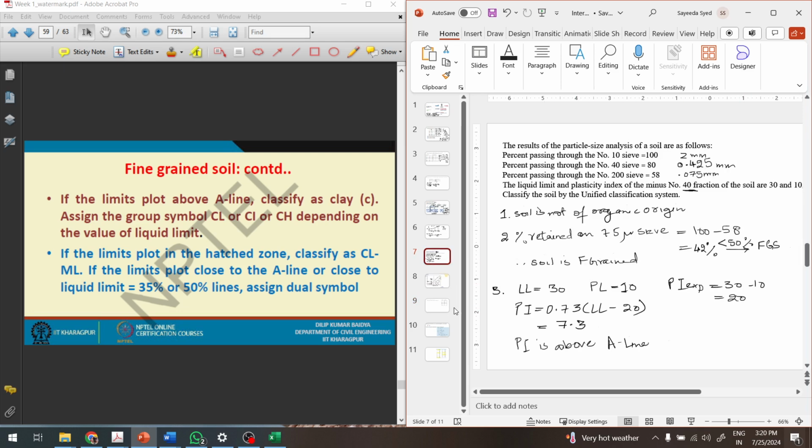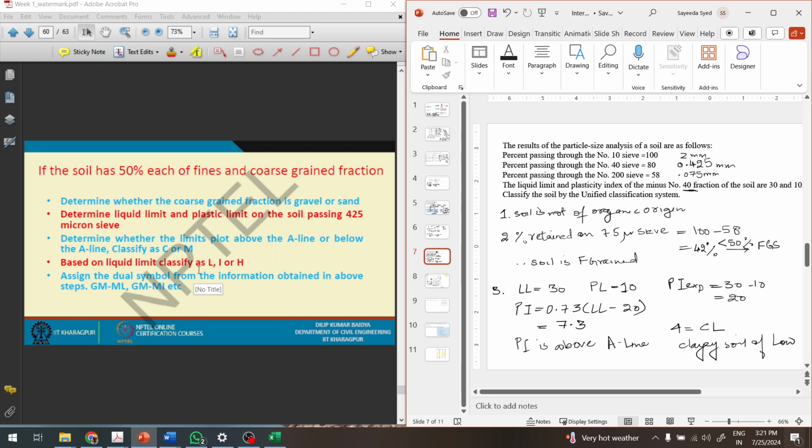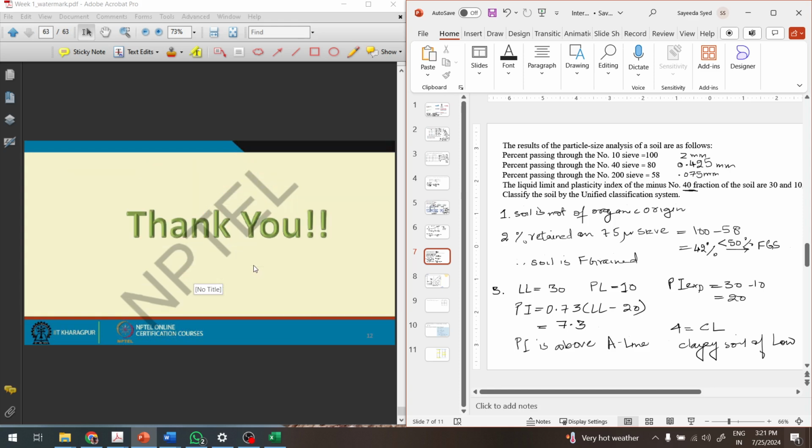So our classification will be CL, clay soil of low consistency. So that is how you go on for your soil.